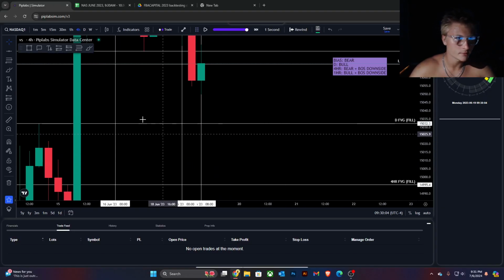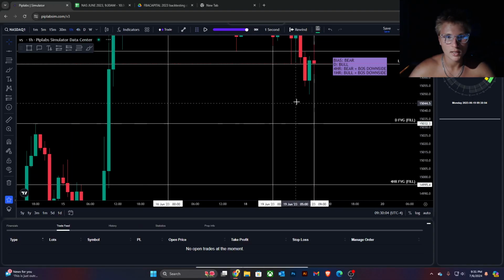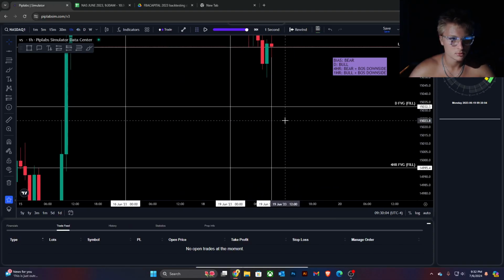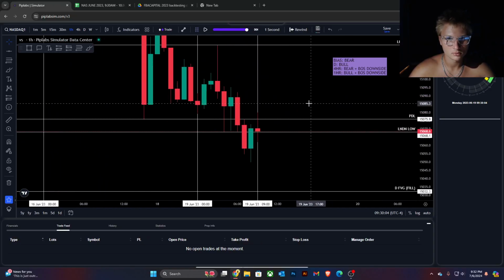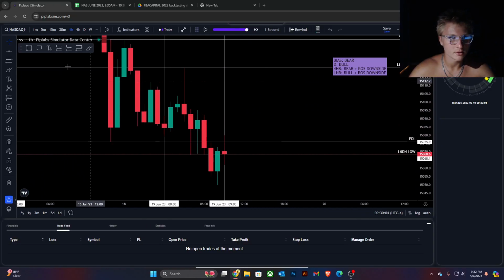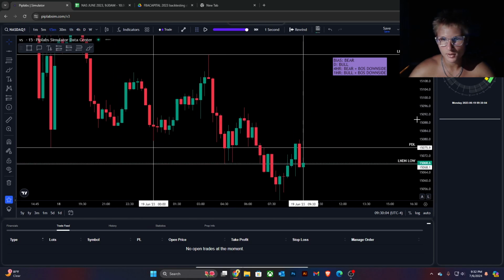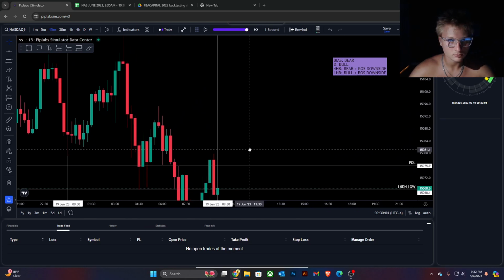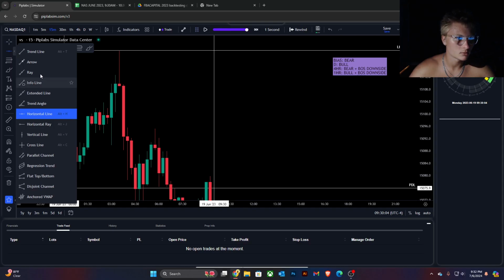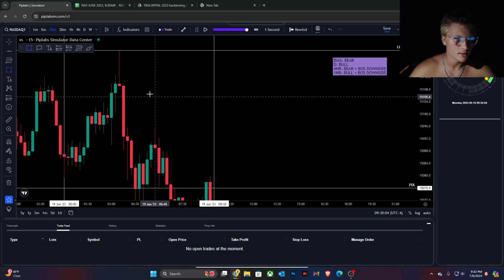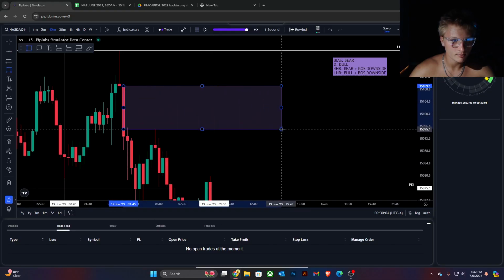Below the daily on the 1-hour, got fair value gap right here, nothing up here really. Let's see, 15 minute. Do have a pretty wide 15-minute gap here that I'm gonna mark up.